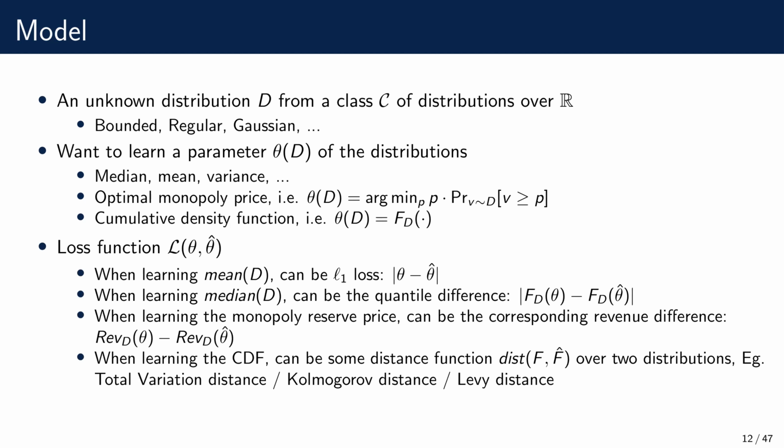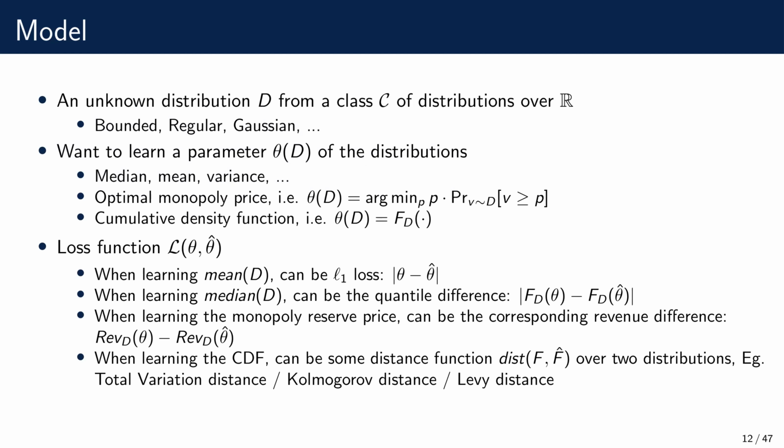Finally, we need to determine the loss function for the estimated parameters. For different parameters we learn, we have different metrics. For example, when learning the mean of the distribution, the loss function can be the L1 loss between the estimated mean and the true mean. It can also be some other loss; I'm just giving an example.